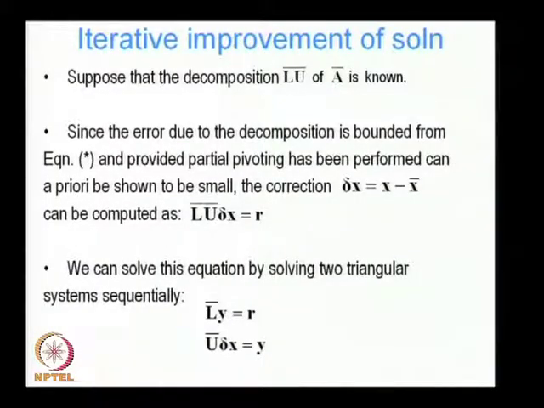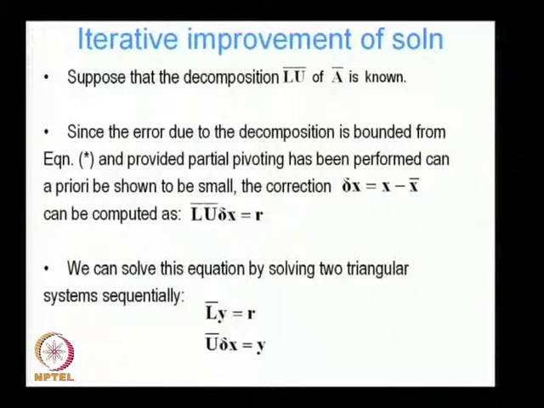So, the assumption is that L bar U bar is known. L bar U bar being approximate means that there is an error there because of round off. We have seen the extent of the round off, but L bar and U bar is the correct decomposition of A up to the round off error.